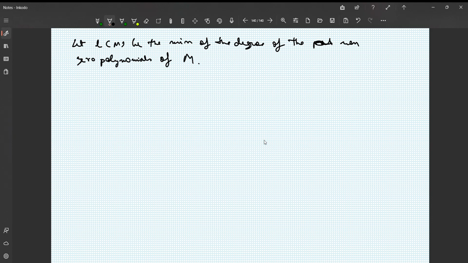Because we still do not have the hypothesis here that the first column consists of all non-zero entries, right?